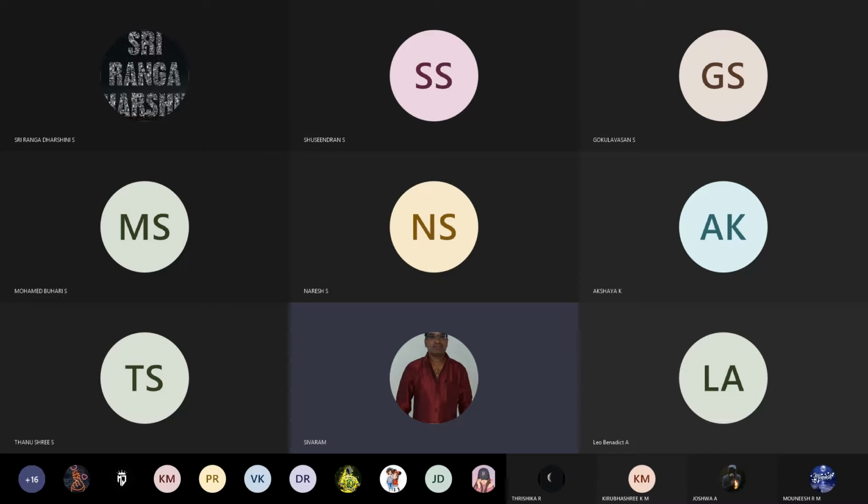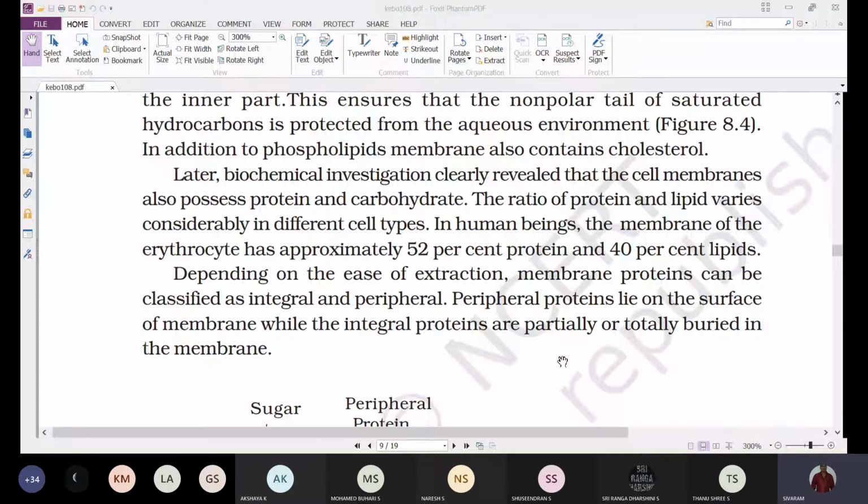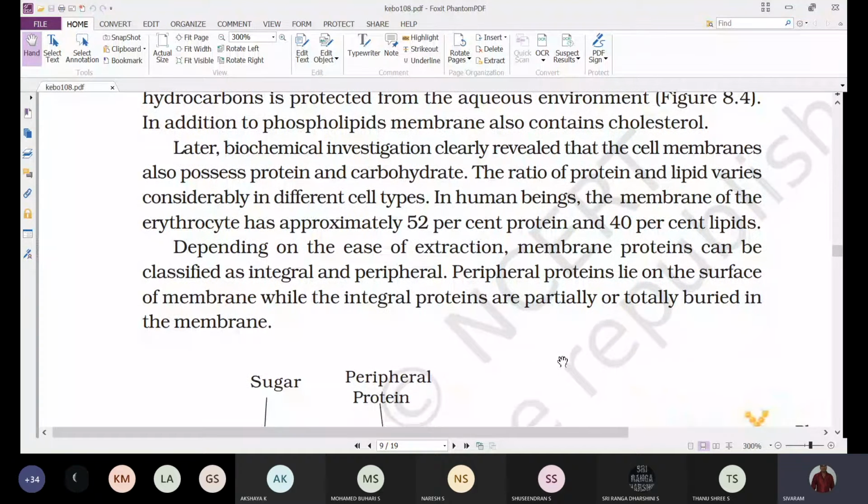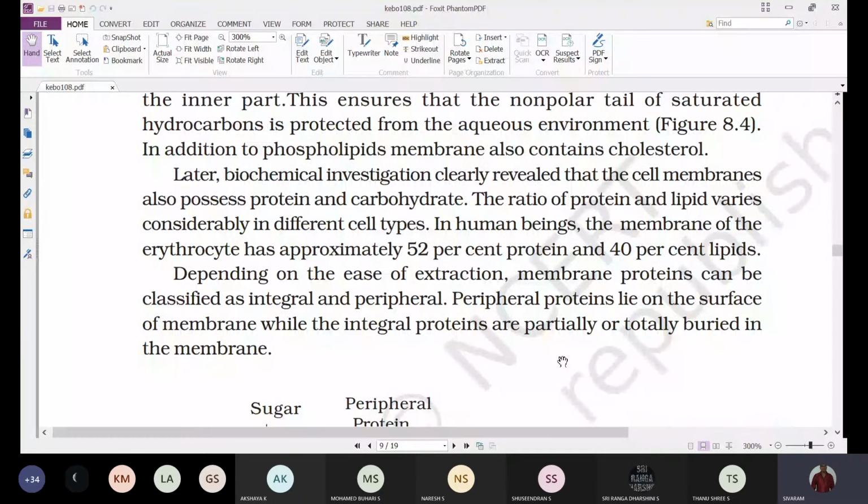Next, there are other molecules also present. That's why we said in the starting itself that the cell membrane is made up of lipids and proteins.